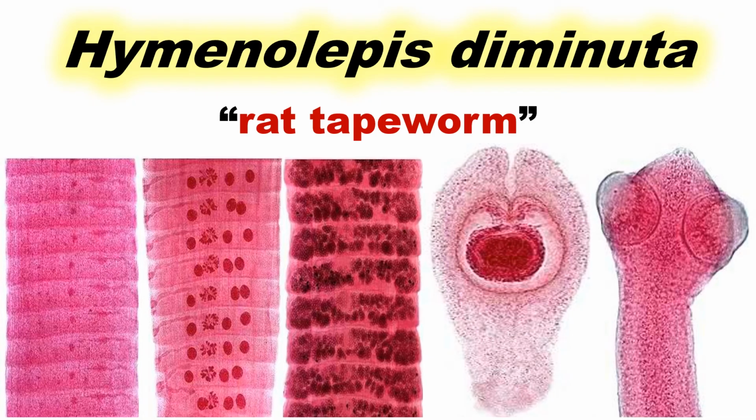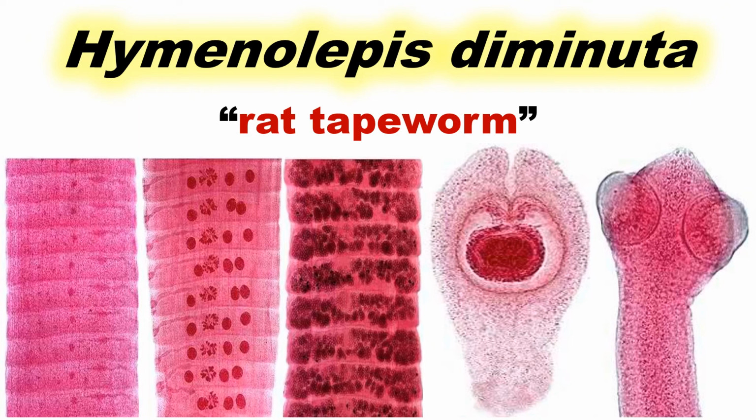So now let's proceed with another species of Hymenolepis, which is your diminuta or your rat tapeworm. This cestode is a cosmopolitan parasite primarily of rats. So iya gina-infect, rats ang definitive host.